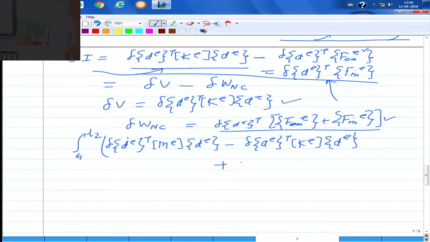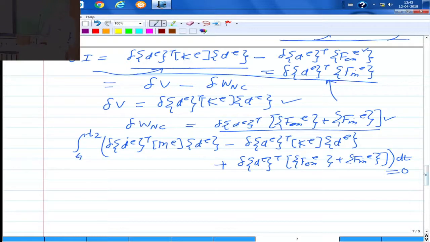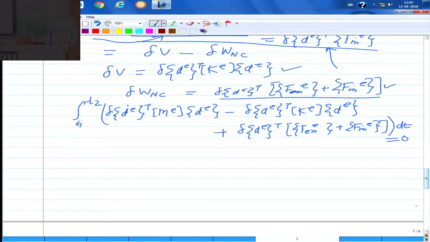So I have plus delta of dE transpose, and then I can put these two together: F external for the element plus F internal for the element, and this whole thing is integrated with respect to time and equated to 0. That's coming from Hamilton's principle.